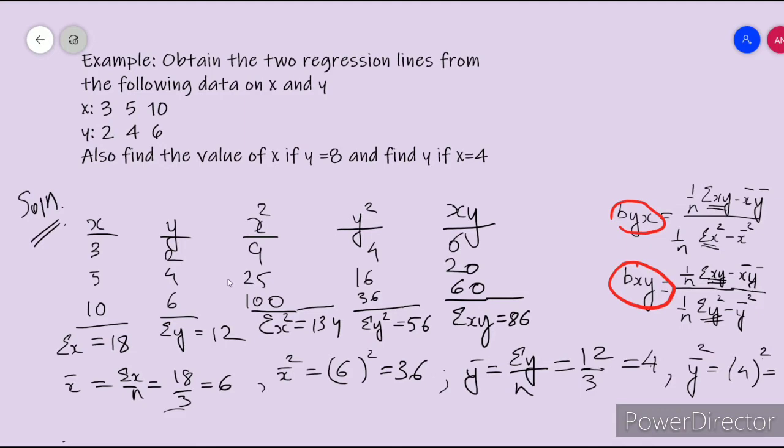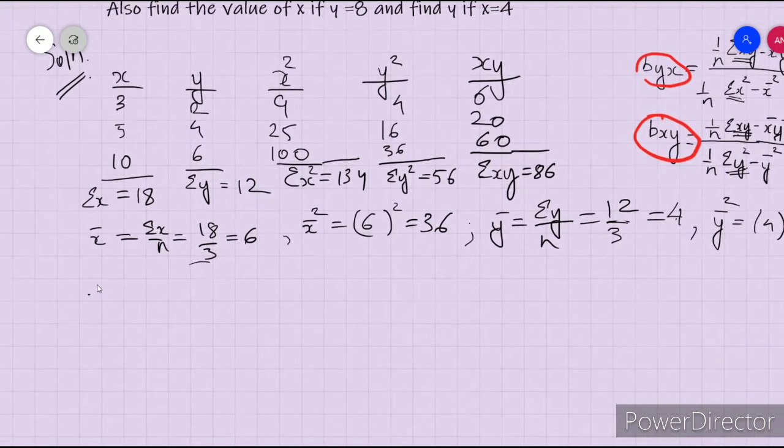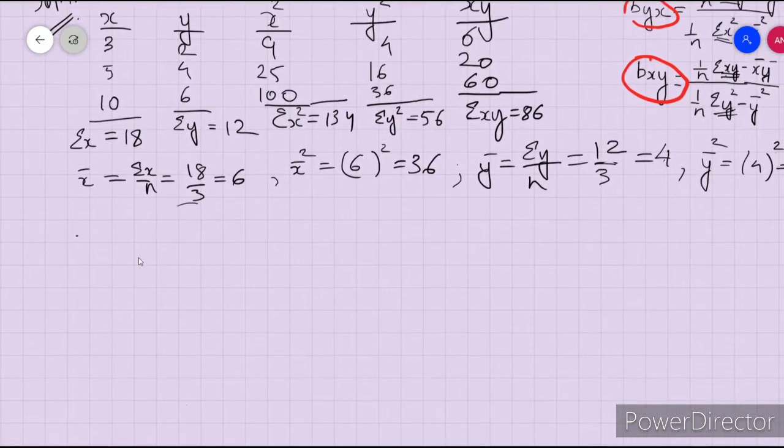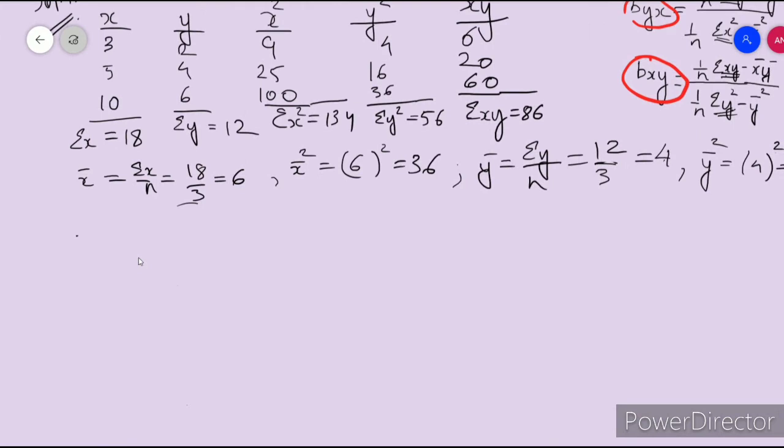So now we can proceed and first calculate the values of the regression coefficients, so that we can substitute the values and find the two regression equations. So let us first write down the two regression equations.